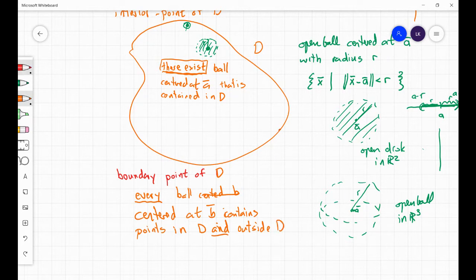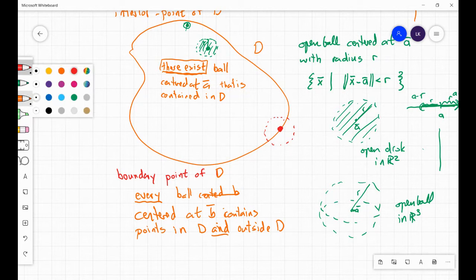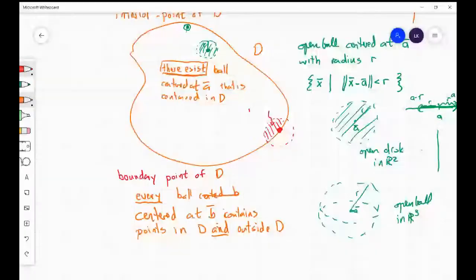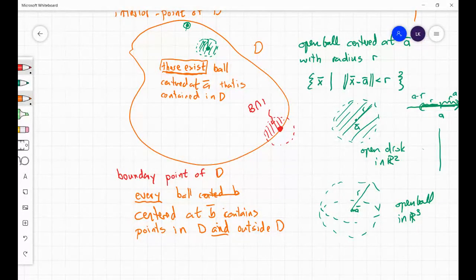That would be just like what you think, it's on the boundary, because I don't care how small or large I make the ball, there's a part of that ball which intersects D, and there's also a part which is outside of D. So the ball intersecting the complement of D is non-empty.